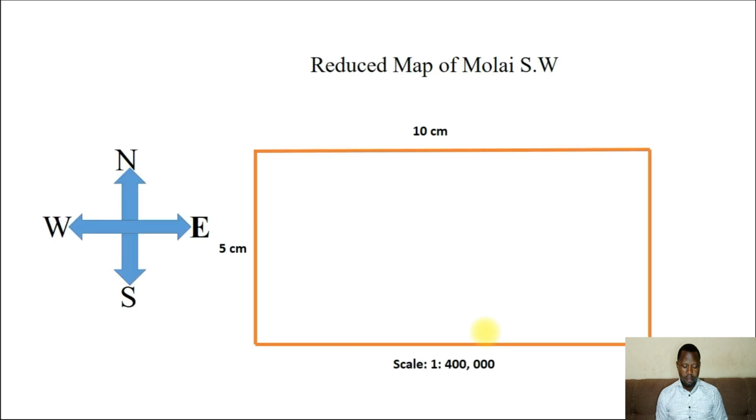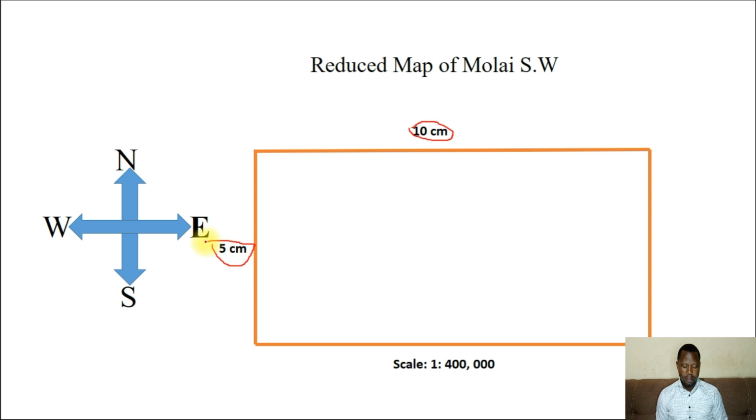So having measured and having calculated our new length and our new breadth, we draw our new map area. So here we have our new map area. This is the breadth of the map and this is the length of the map. So here we have 10 centimeters, which is the new length, and 5 centimeters, which is our new breadth.